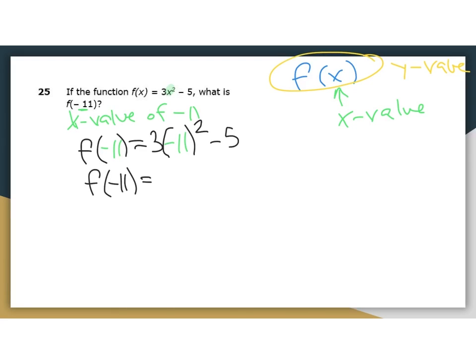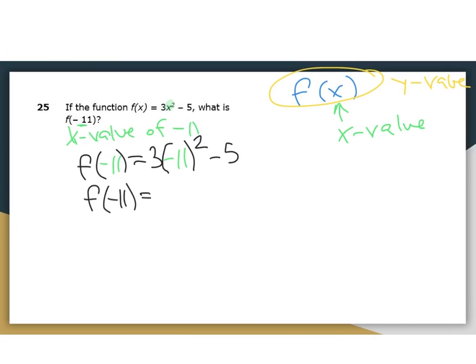Once again, when you have your test, you'll be able to type this whole thing into the calculator if you choose. You have to make sure you put that negative inside parentheses, because this means you have 3 times negative 11 squared. So this is going to be negative 11 times itself. This is negative 11 times negative 11, which gives us a positive 121, and we still have to subtract 5.